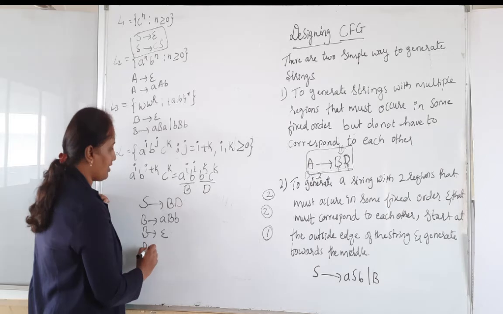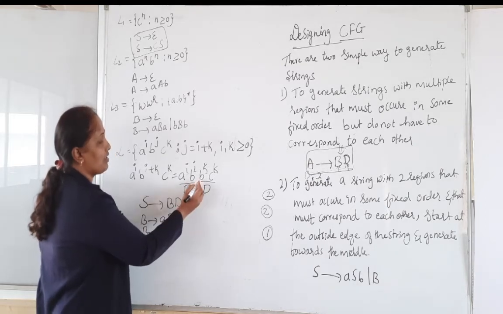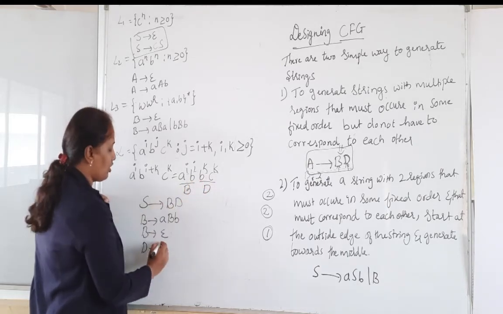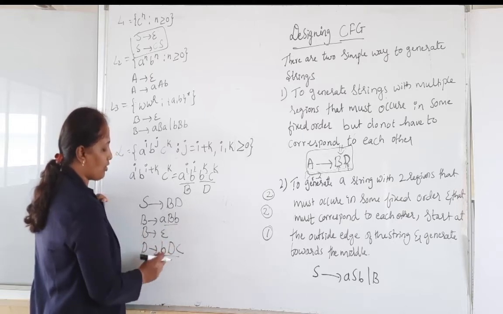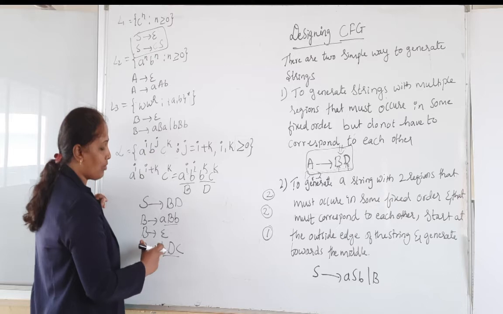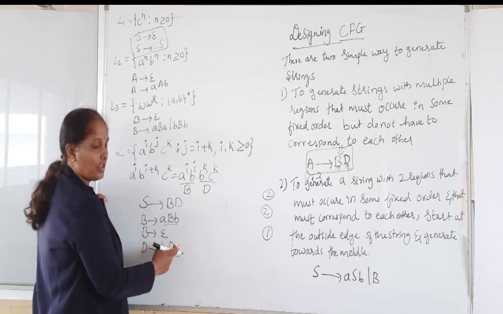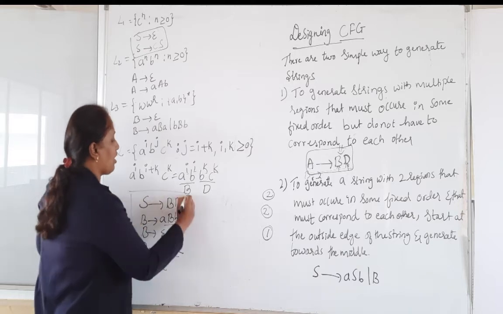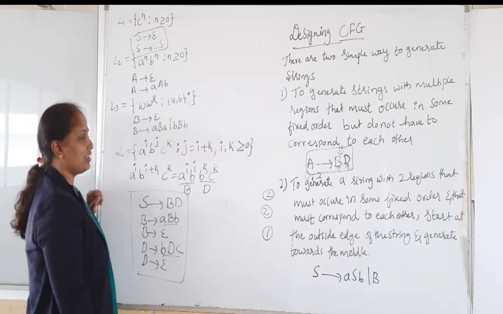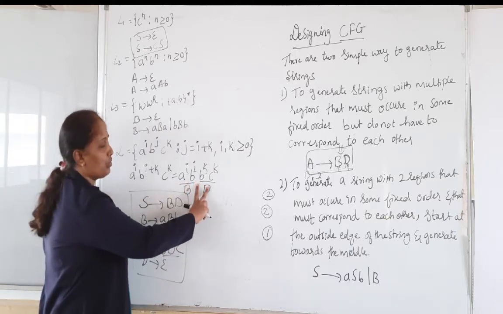Next, what does D define here? D defines the strings where b is followed by c. This rule allows me to take any number of b's followed by any number of c's, or D defines epsilon. So this is a grammar to accept the strings which belong to two regions.